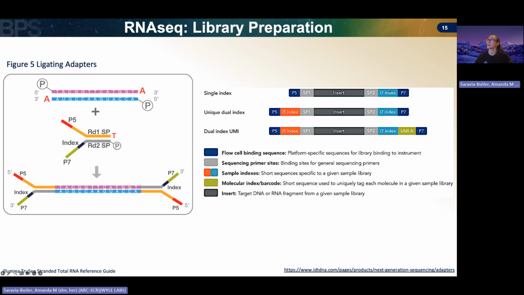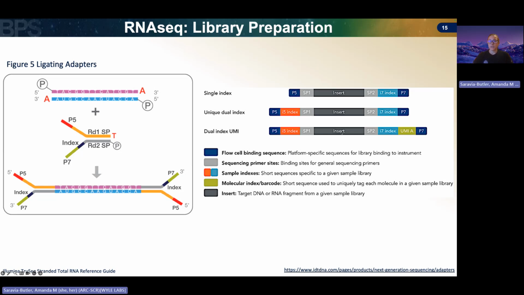Because it's a single index, we have a single index on one side, and then our P5 and P7 regions to attach to the flow cell. For unique dual index, it would look like this. So we have our insert, sequencing primers on either side, then an index on both our I5 and our I7 side, followed by the P5 and P7 regions.